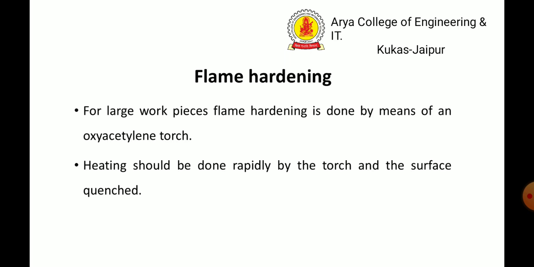Next one is flame hardening. Flame hardening is mainly used on selected areas of the surface. The temperature range is again similar to annealing, that is 750 to 950 degrees centigrade, and then it is quenched to form a hard structure. Here for cooling we dip the metal in a medium different from air, whether the medium is water or oil, but not air quenching.